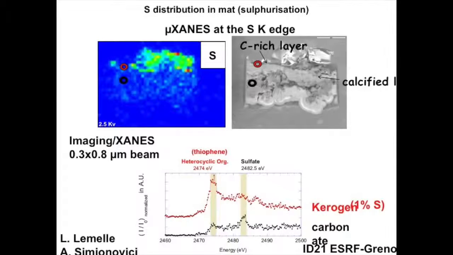We can also have a look at inorganic sulfur in the form of sulfate, and there is a little bit of sulfate associated with carbonates here. Again, another indication that we're probably dealing with the activity of sulfate-reducing bacteria. And I'll note here Laurence Lemelle, Alex Simionovici, the ESRF in Grenoble. These are people with whom I've done this work.